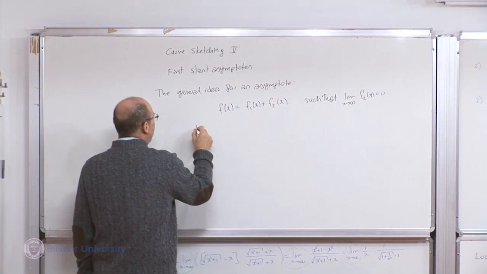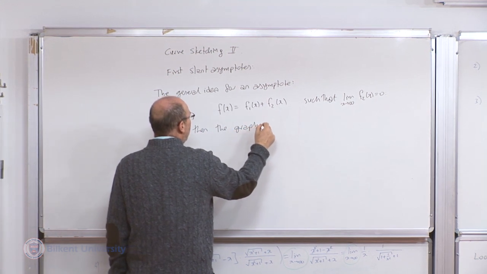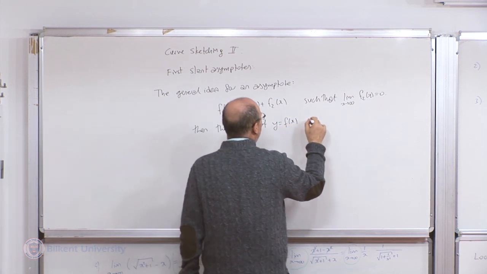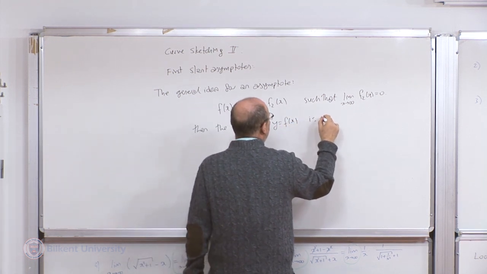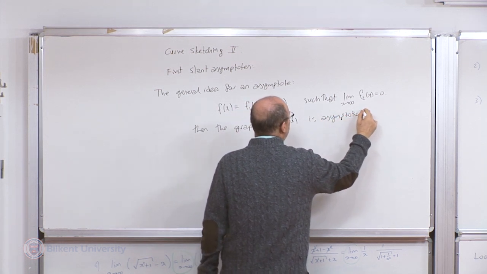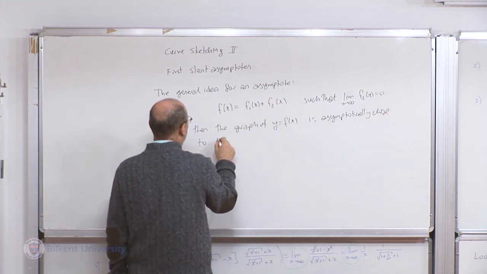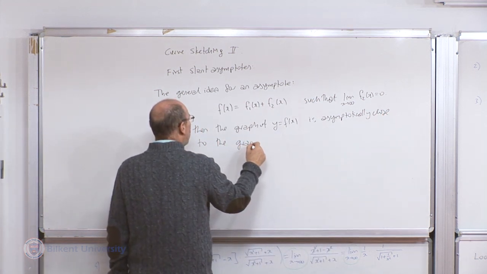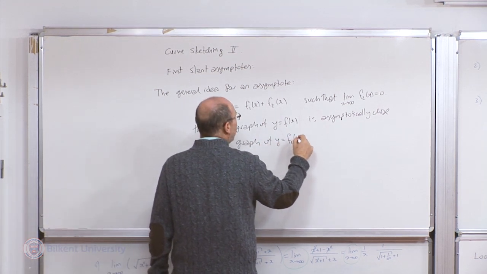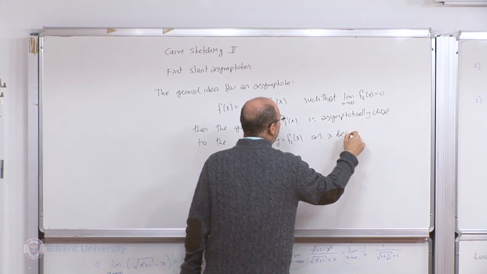Then the graph of y equals f of x is asymptotically close to the graph of y equals f1 of x as x becomes larger.